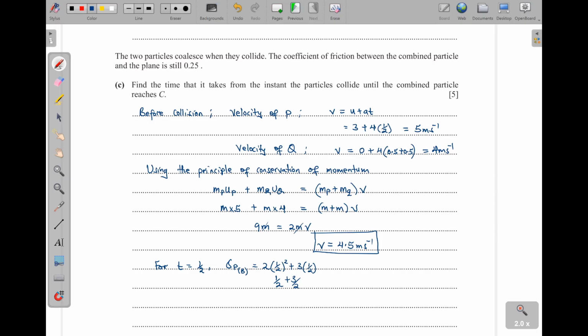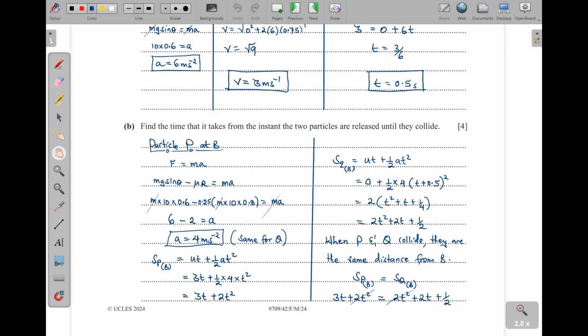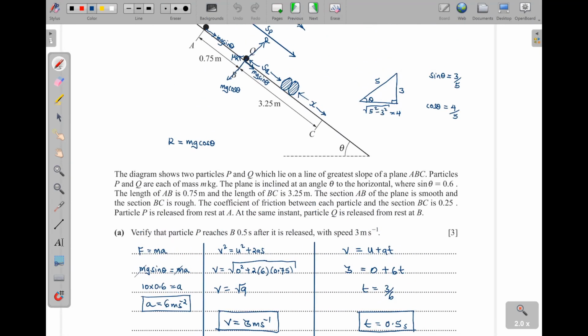This is 4 over 2, which is a 2. That means these are 2 meters. So if this is 2 meters here, the distance that is left, this x, is going to be 3.25 minus the 2.